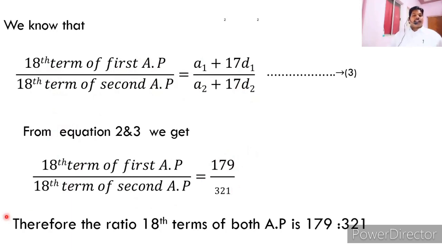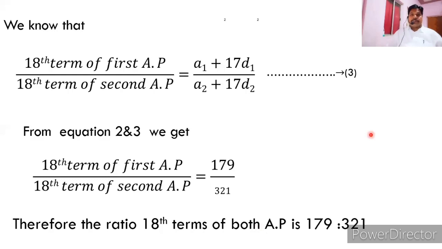Therefore, the ratio of the 18th terms of the arithmetic progressions is 179 is to 321. See that question once again, and observe the important point in it. Read that question carefully.